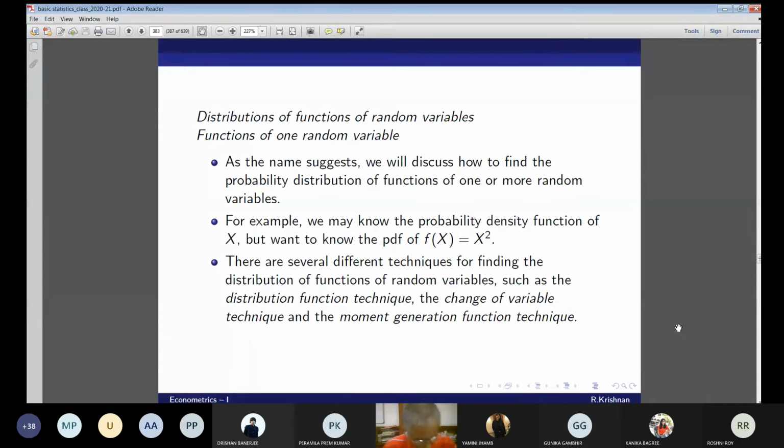Where exactly do you come across these things? In econometrics, I'm going to later introduce a method called the delta method. Have you come across the delta method?